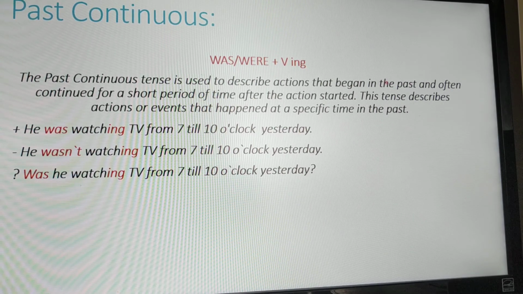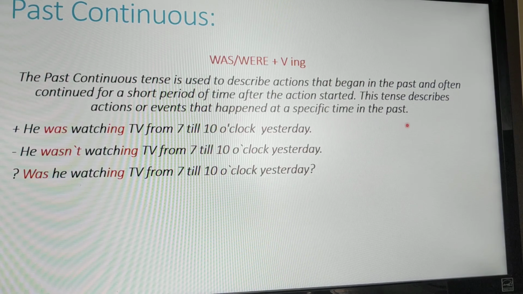Когда действие в прошедшем длилось на протяжении определенного времени. Например, все утро вчера я читал или читала книгу. То есть мы читали на протяжении определенного промежутка времени. Или же с 7 до 9 я смотрел футбол вчера. То же самое указывается интервал времени.